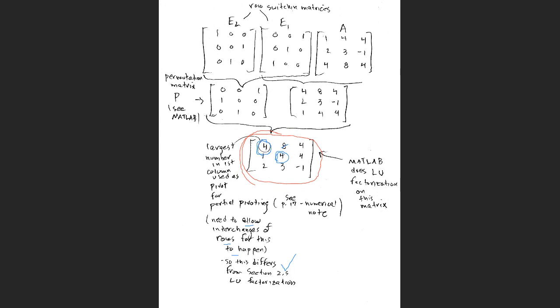This matrix here, and that's why I have the big bracket here, is the product of E2 times E1 times A. That's exactly what this is. Make that a little bit nicer here.